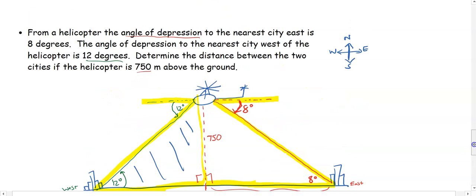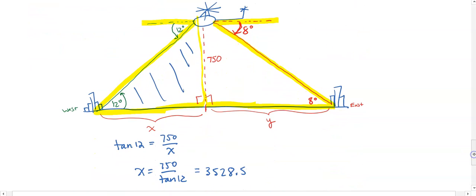Is that kilometers? Oh, meters, we're in meters. This unit is in meters, so we stick in meters, right? So I can change that if I wanted to 3.5 kilometers. Not very far, so these cities are pretty close.